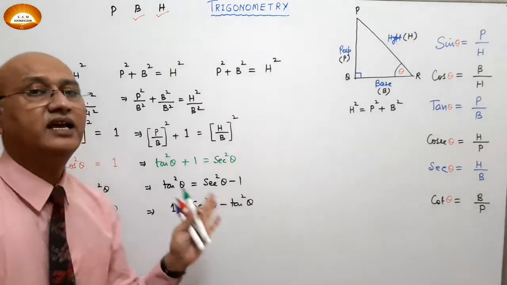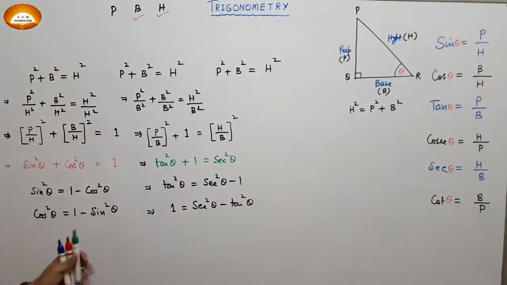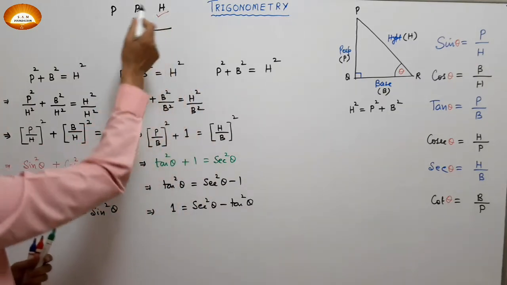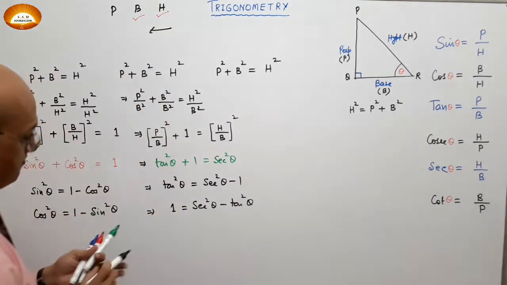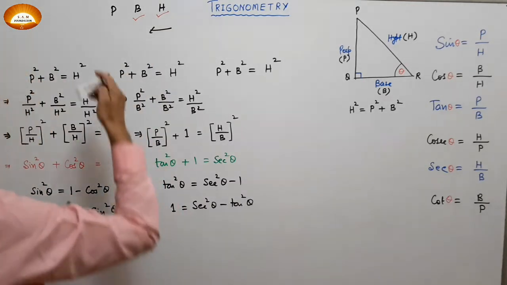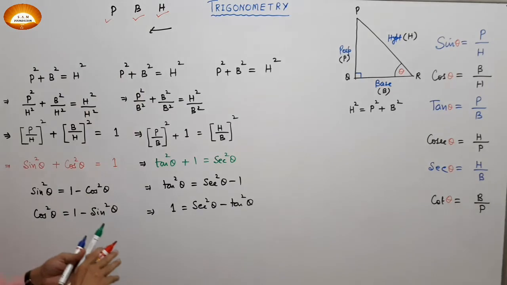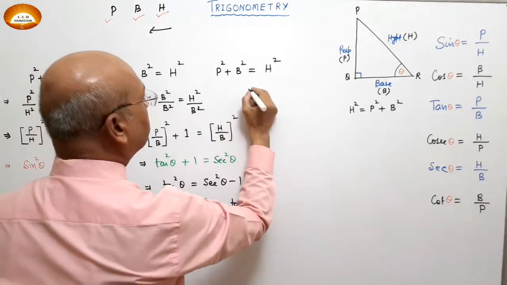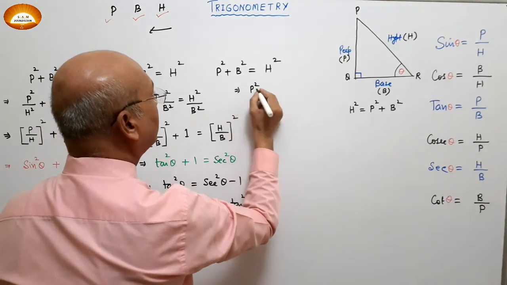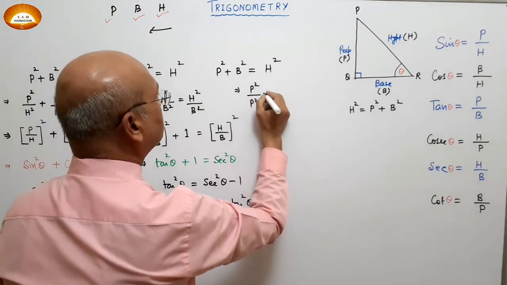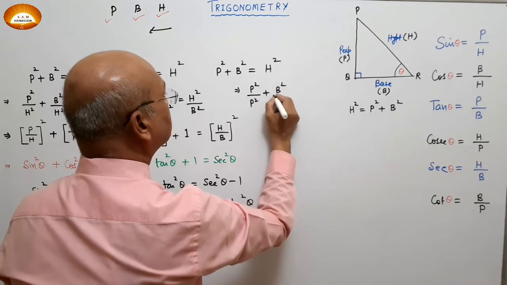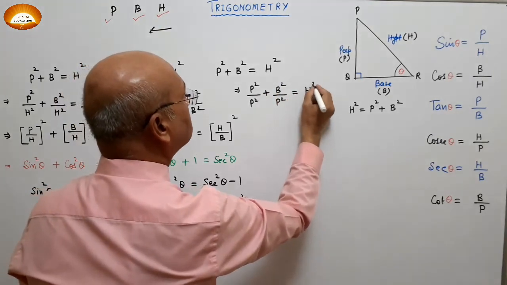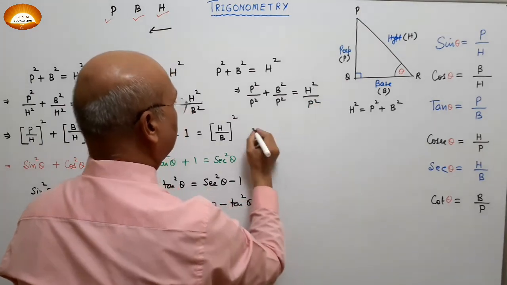So this is the second trigonometric identity. Now we are moving from this side to this side. We have already divided by hypotenuse square, we have already divided by base square. Now we will divide by perpendicular square. Now let's see the third identity. So perpendicular square upon perpendicular square plus base square upon perpendicular square equals hypotenuse square upon perpendicular square.